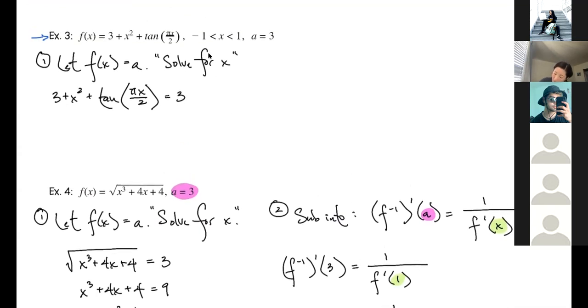And so in this case, it's just going to be subtracting 3, and I've got x squared plus tangent of pi x over 2 equals 0. And so this is the point where we're going to play the game of what number makes this equation true.